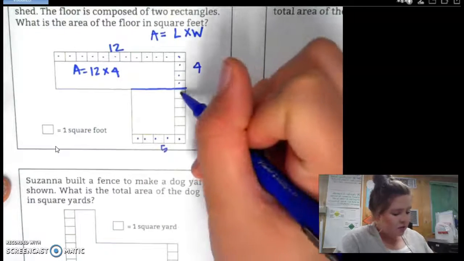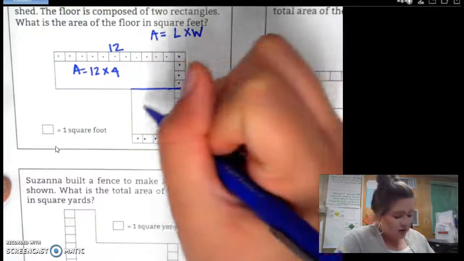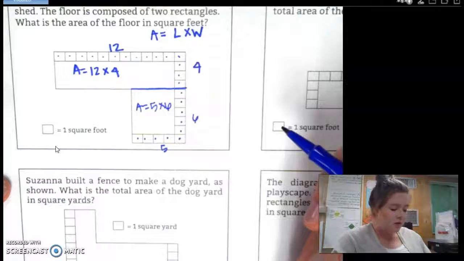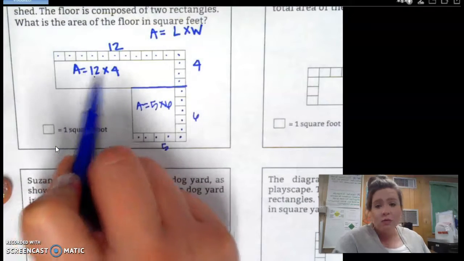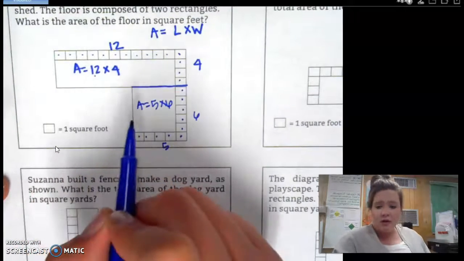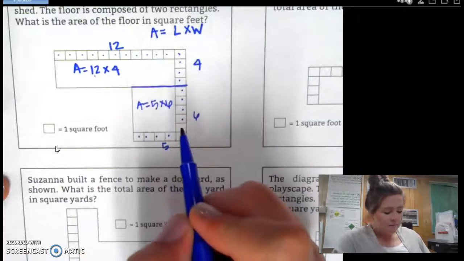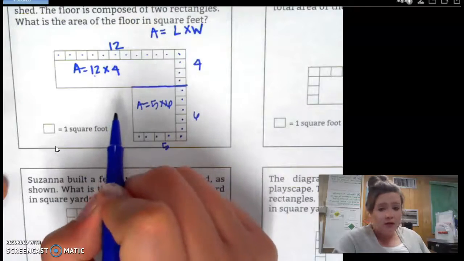And then the width, 1, 2, 3, 4, 5, 6. So area equals 5 times 6. Okay, so now we know what we're multiplying for each of these rectangles. And what do I need to do next? That I need to solve for these problems.